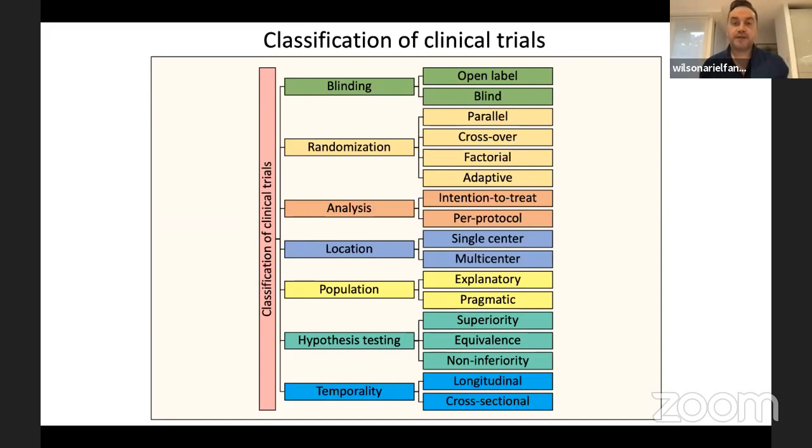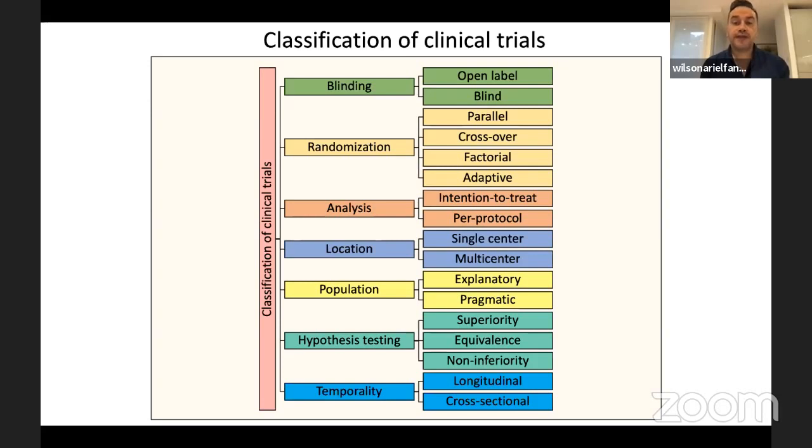There are a few indications to conduct a per protocol analysis, as you will see in a couple of weeks with the analysis of non-inferiority trials. But generally speaking, the most conservative approach is the intention to treat analysis, because it respects the randomization. In that sense, the benefits of randomization are kept, okay?